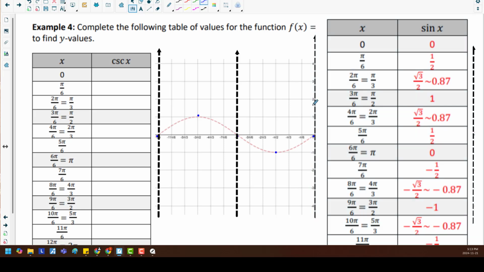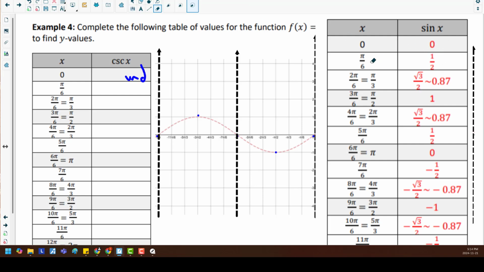So here we have sine x, and we're just gonna do the flip, the reciprocal. So 0 over 1, this is going to be 1 over 0, so it's undefined, of cosecant. So cosecant of 0 is undefined because sine 0 is 0. So then the reciprocal is undefined.